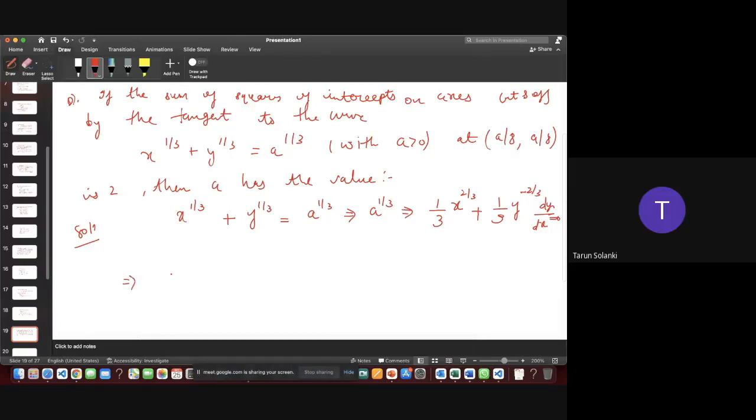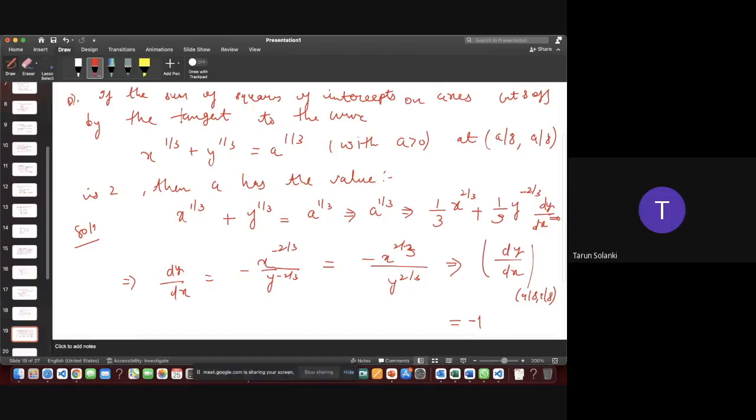So it becomes dy by dx is minus x to the power minus 2 by 3 divided by y to the power minus 2 by 3, which is minus of x by y to the power 2 by 3. So that becomes dy by dx at a by 8 and again a by 8. With solving it, you will get minus 1. Correct? Sorry, it will be minus 2 by 3.